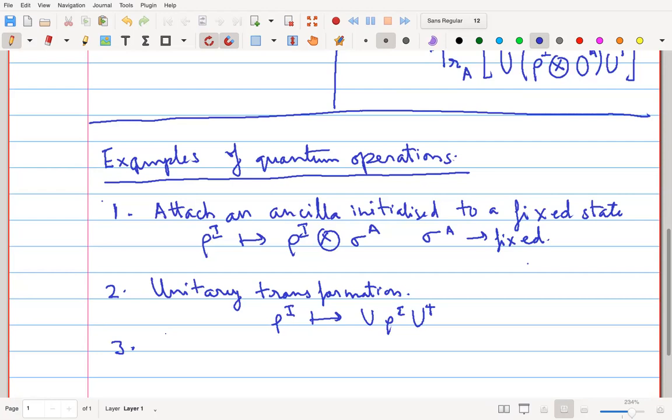This is what is called the trace out, discarding, marginalizing. That will send rho IA to the trace out of system A. What does it do? It takes a density matrix on IA, an arbitrary matrix, and traces out the A subsystem.